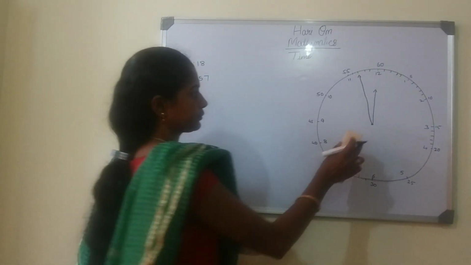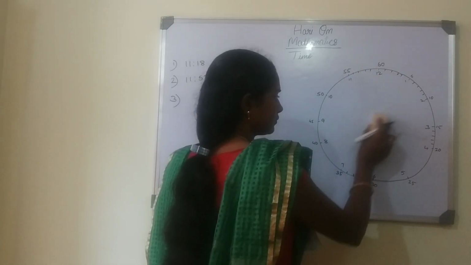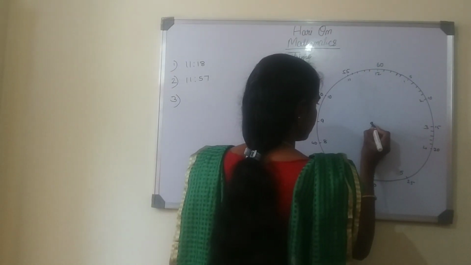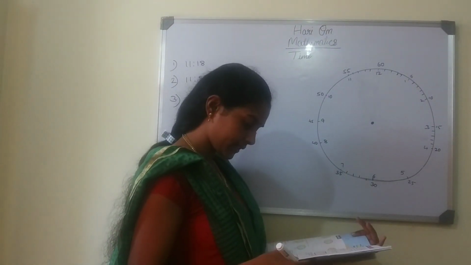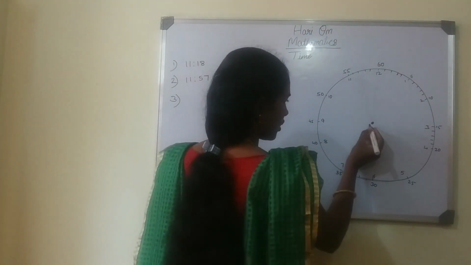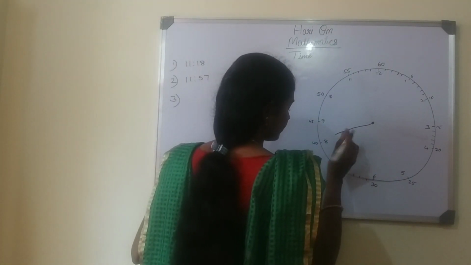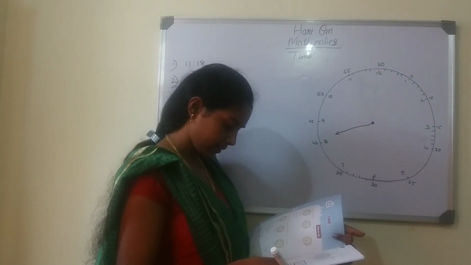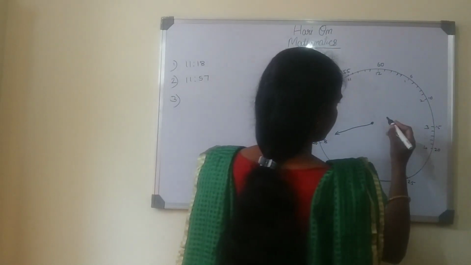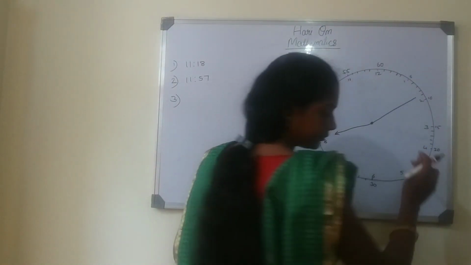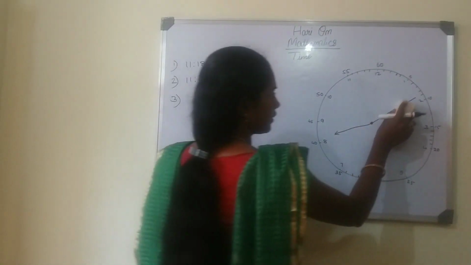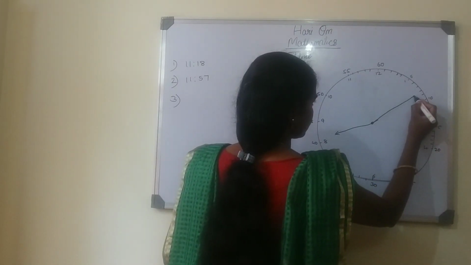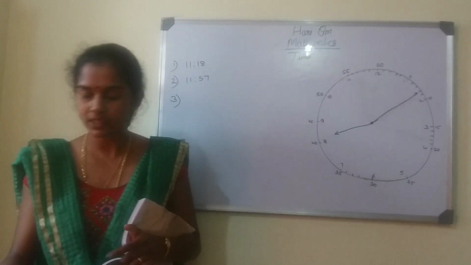Third one. The short hand is at 8, and the long hand is between 1 and 2.